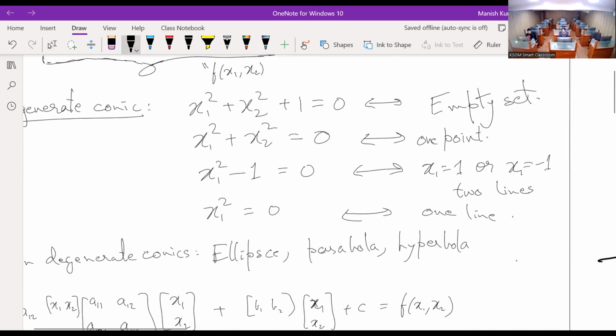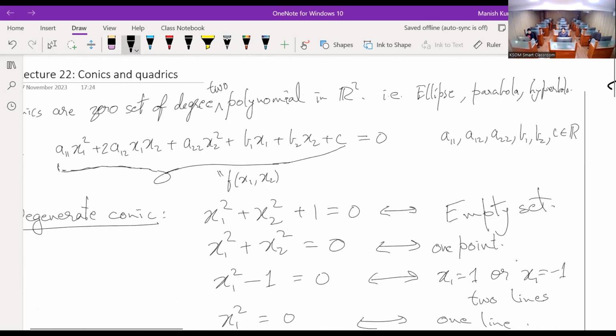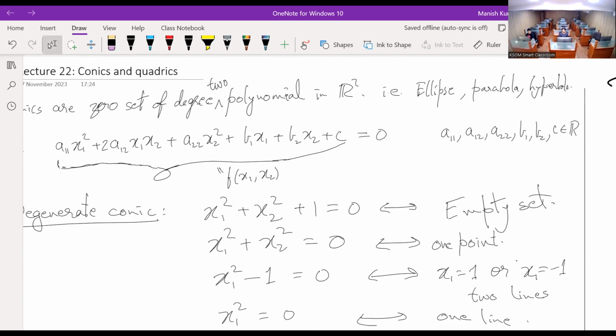What we will try to do is classify. Given this degree 2 equation, which we denote by f(x1, x2), when will it be a non-degenerate conic? When it is a non-degenerate conic, which one is it, a hyperbola, parabola, etc.? One can decide it based on these coefficients.